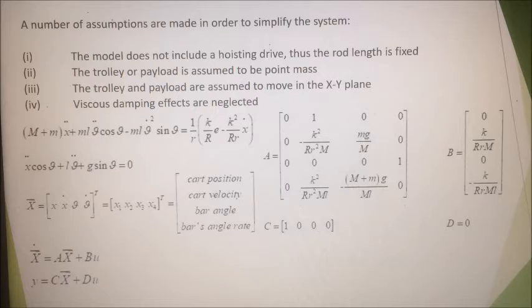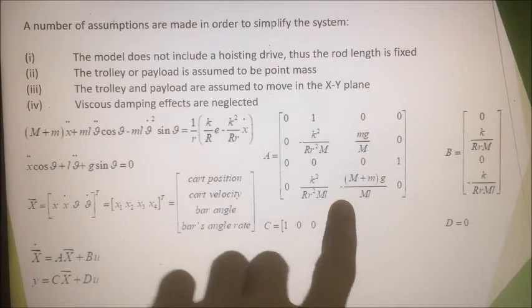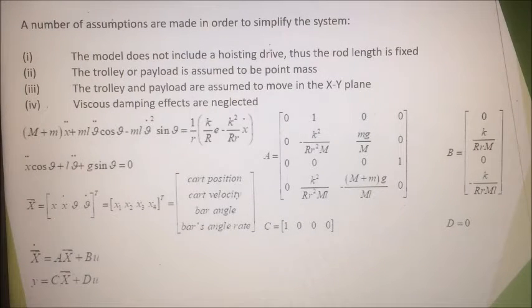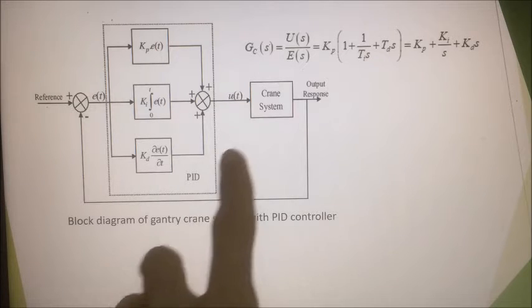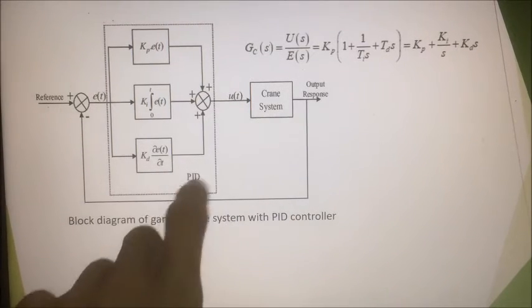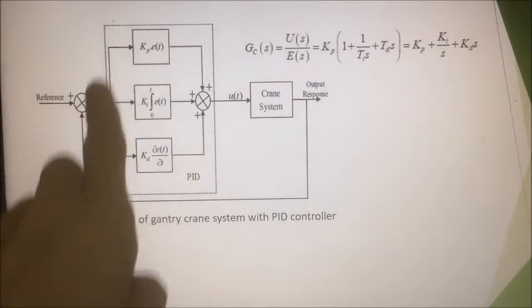And these 4 are the matrices for the state space representation. Now, when I implement a PID controller into the gantry crane system, the overall block diagram looks more or less like this. As you can see, this is the crane system, and this whole block is the PID controller.